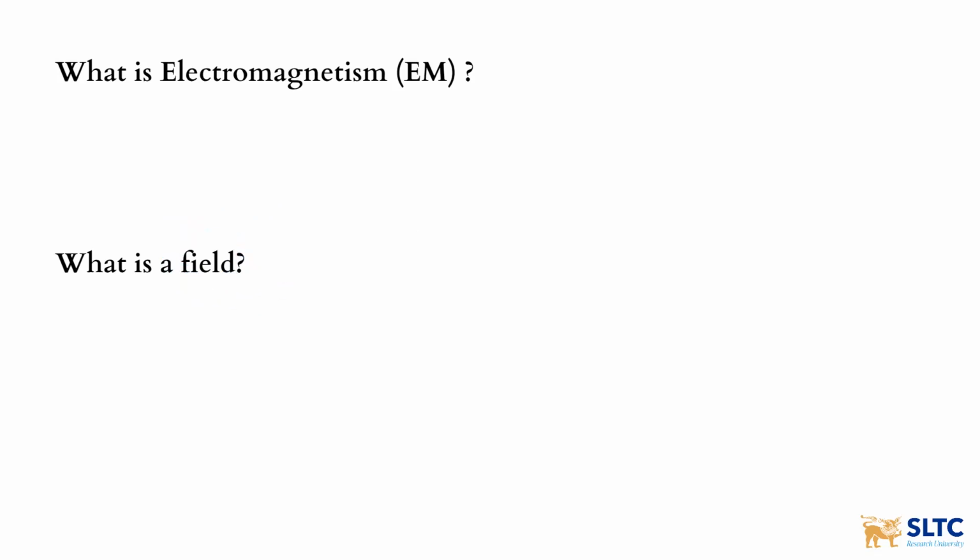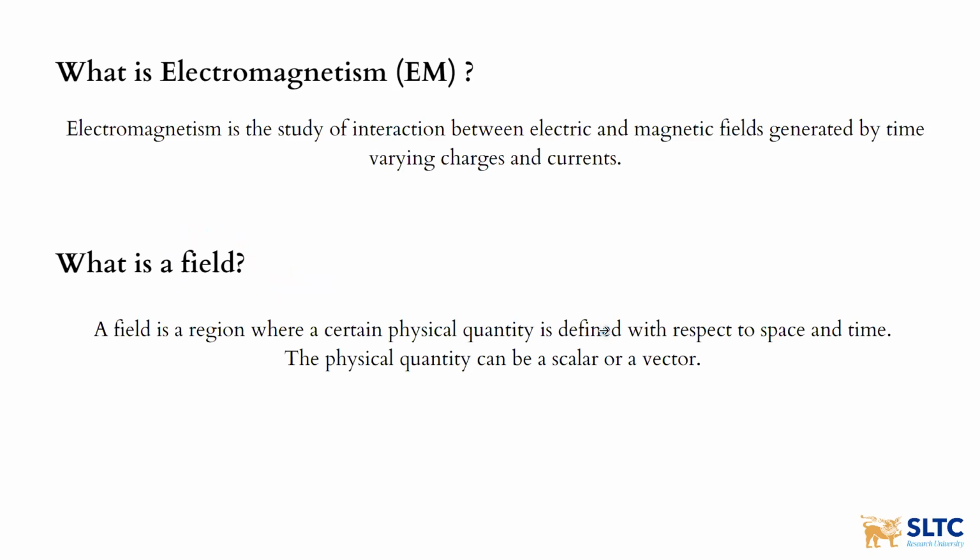Right? So a field is defined as a region where a certain parameter is defined at each point in that region with respect to space and time.